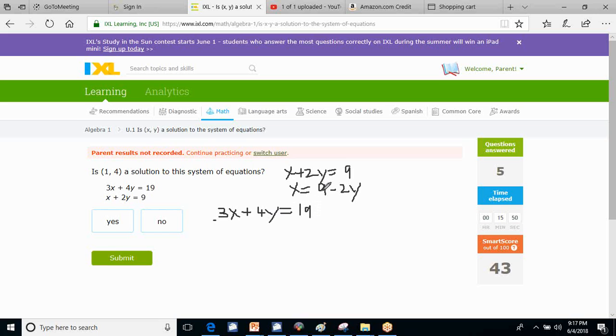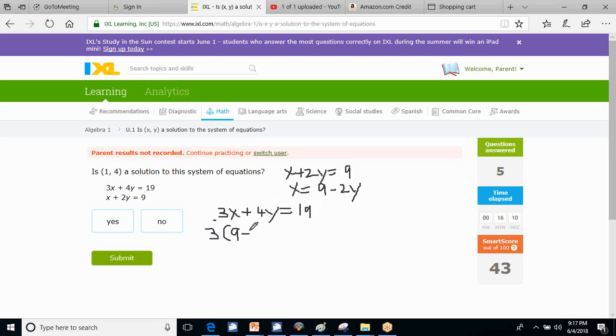We know what x is. x is 9 minus 2y. So we're just going to rewrite the equation. So 3 times x, so you have to put a bracket. But x is 9 minus 2y.